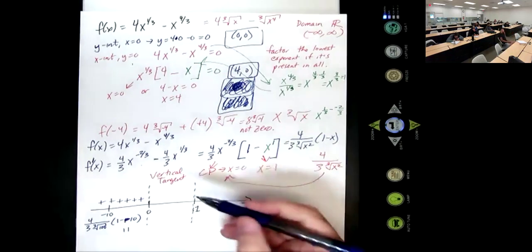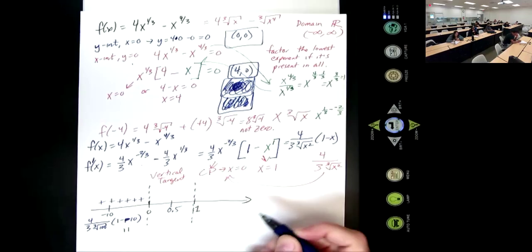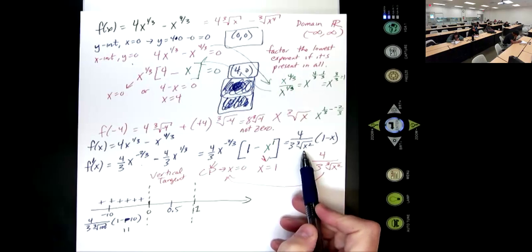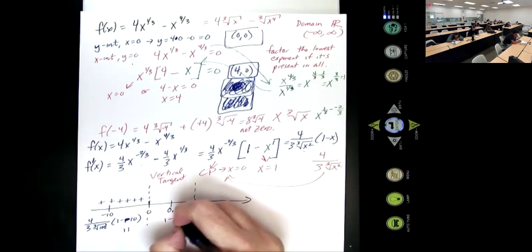If I stick in 1/2, that root is always gonna be positive because it's an x squared inside. The only thing that's changing is this, 1 minus 1/2, which is positive.